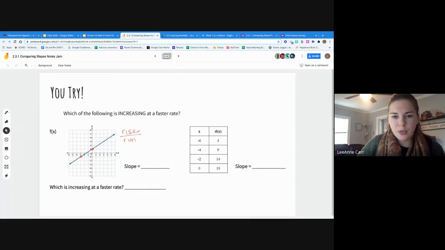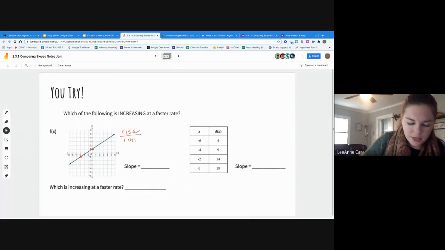Count your rise, count your run. Somebody have my slope here? Yeah, thank you. You are killing it today, ma'am. It is 2/3. Let's talk about why.